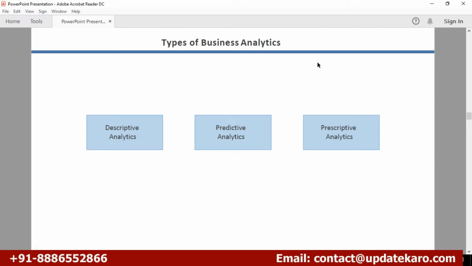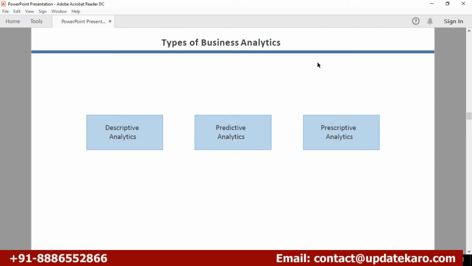With this, we are able to understand the patterns of whatever has happened in the past with the company. I don't know whether it went good or wrong, but I'm able to make out what has happened.